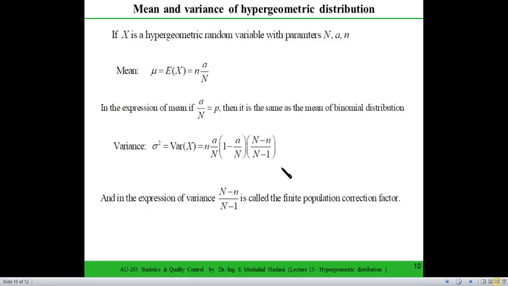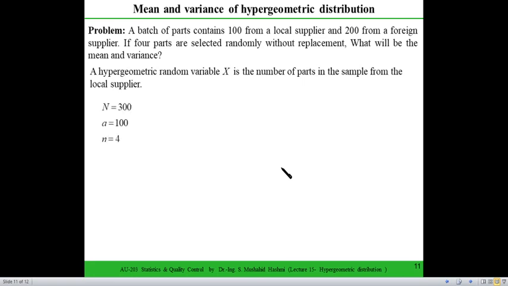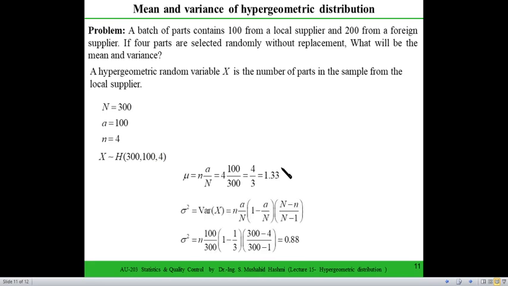So this is the correction factor for without replacement, because your population is finite here. For example, a batch of 400 parts, same problem. The mean is 1.33 and the variance is 0.88, just by bringing everything into the formula.